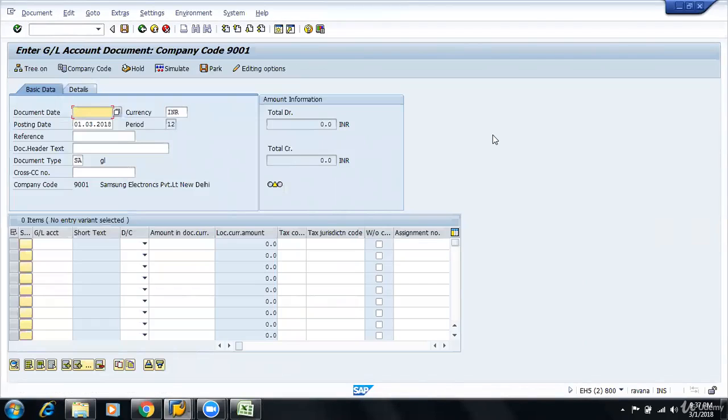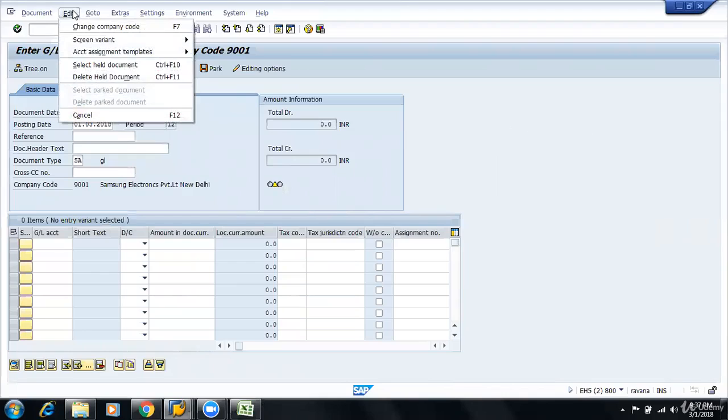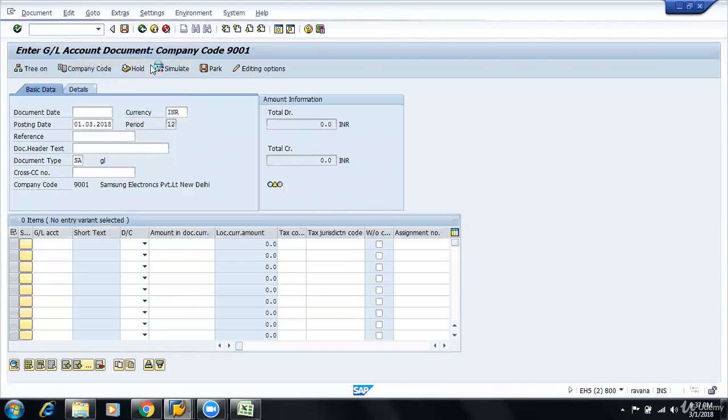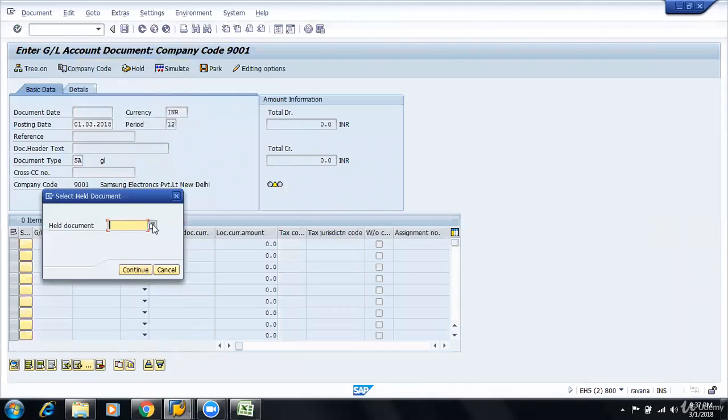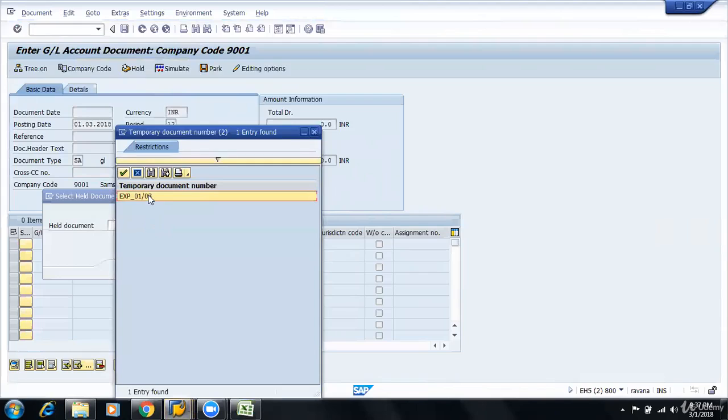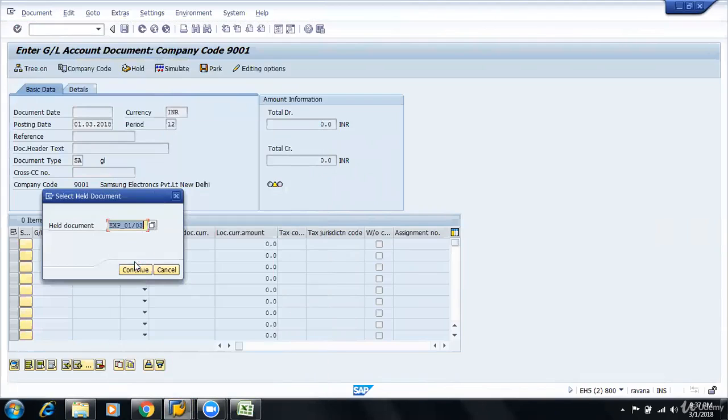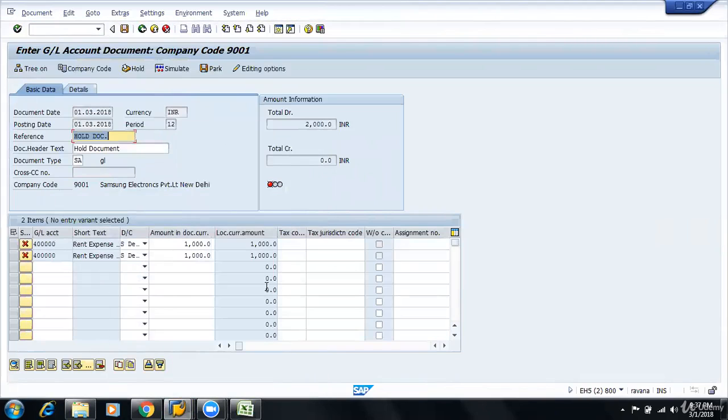This is where he can choose his held documents from. Here, he can either go to the edit menu and click on select held document. So the system gives him a drop down here and select. This is one way of selecting the document. All right. Next.